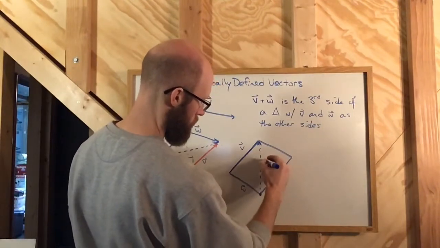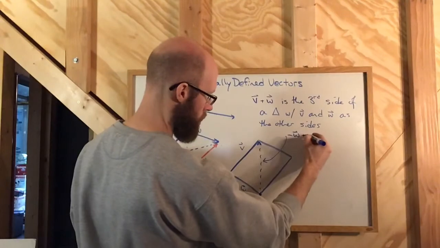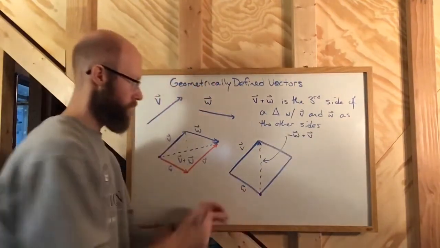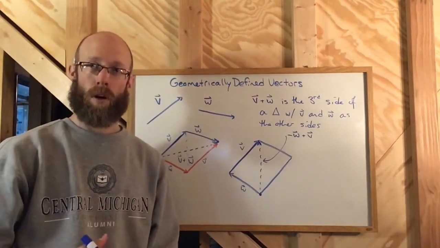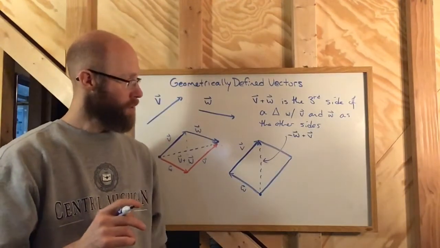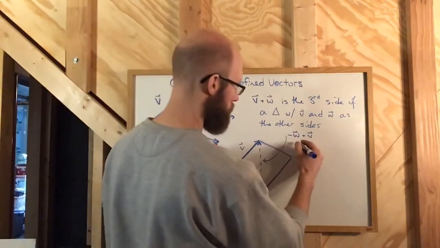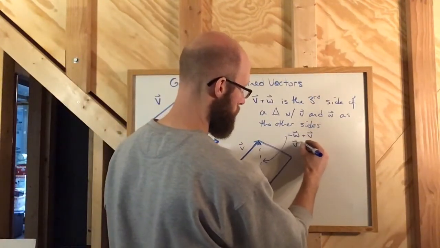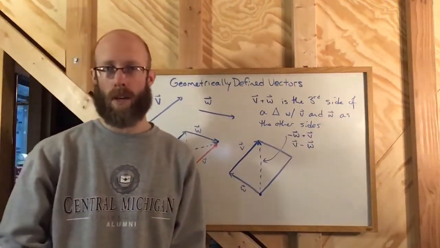So you could think of that as negative W plus V, because you're going backwards up W and then up along V. Well, if you interchange those two terms, you would also get equivalently V minus W, right? Negative W plus V or V minus W, the same thing.